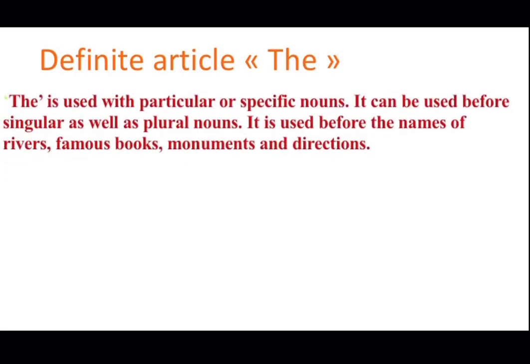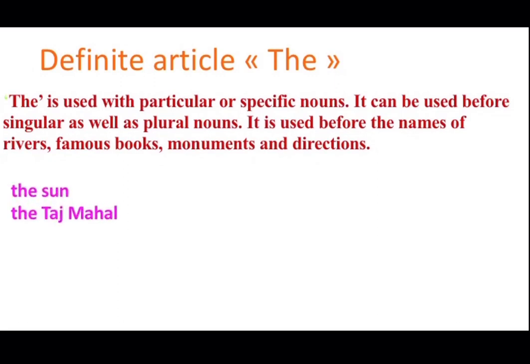So, now we will study the definite article the. The is used with particular or specific nouns. It can be used before singular as well as plural nouns. It is used before the names of rivers, famous books, monuments, and directions.